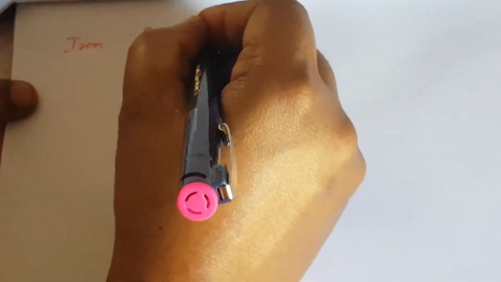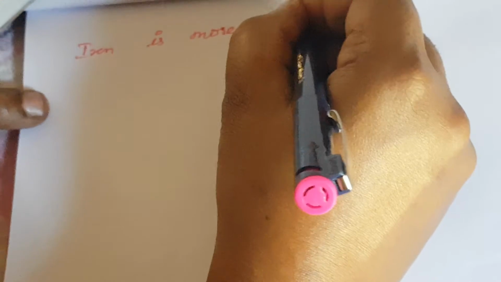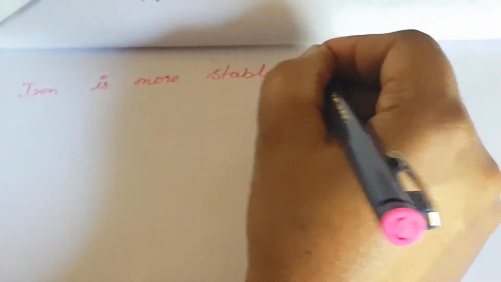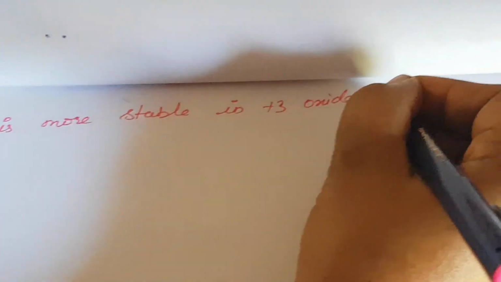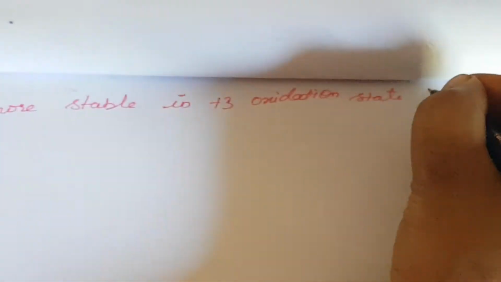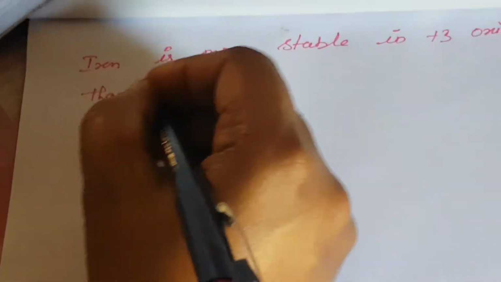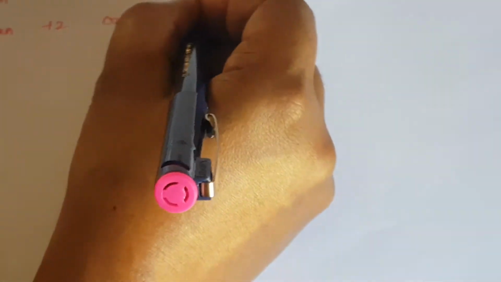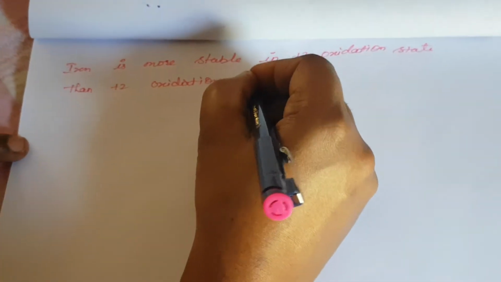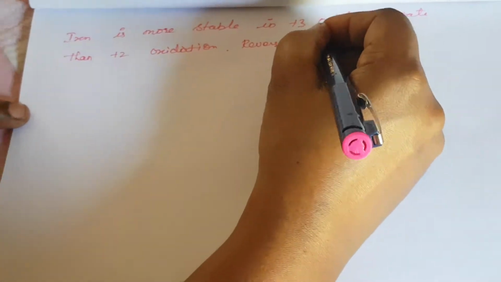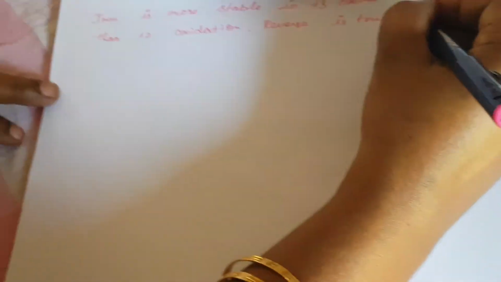Iron is more stable in +3 oxidation state than +2 oxidation state, and the reverse is true for manganese.